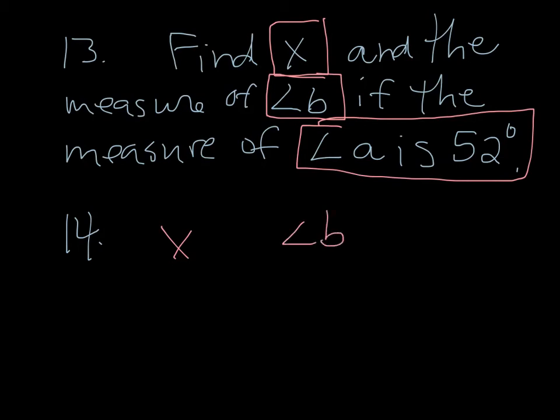If the measure of, and this is the last part on 14, you're going to put in angle A is 65 degrees. Okay? So if you're having a hard time following question 13 and 14, here's what I'm going to do for you. I'm going to do number 13 for you right now.